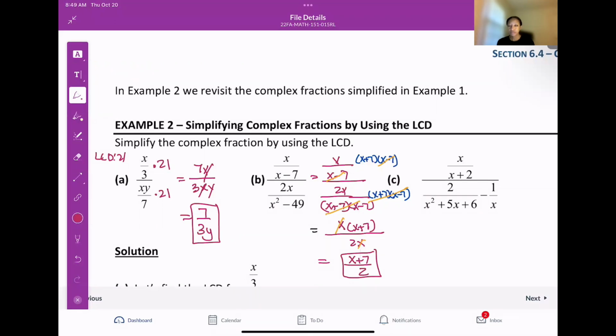Okay. And then last one. Now, for a problem like part C, using this method, I think, is a lot better, in my opinion, than using the other method. You can always use either one. You should know both, and most of the time it doesn't matter which method you use.